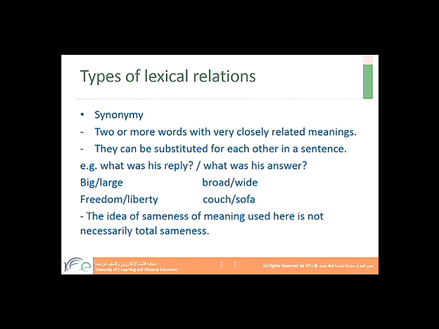Yes, they are related, and to some extent they are similar, but they are not totally the same. There is still a level of difference between these two words. But generally speaking, they refer to something in common, so they share some similar features.